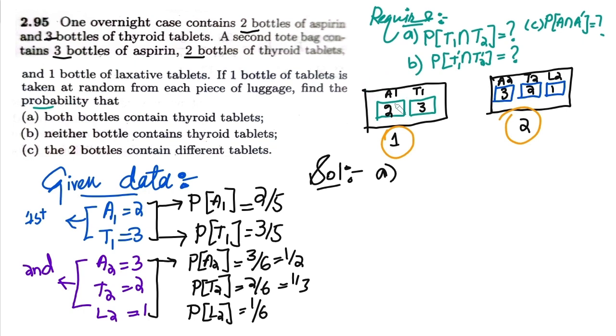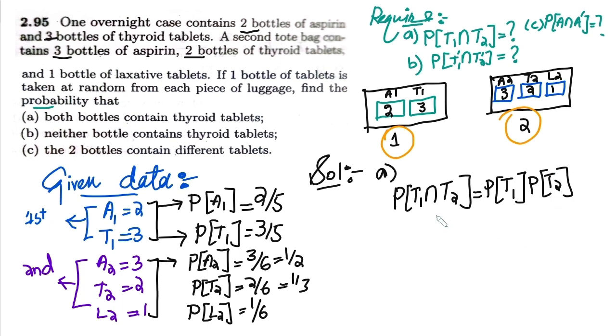If one bottle has been selected from 1 and the second from 2, these two are completely independent of each other because these are separated out. So therefore the probability of T1 and T2 is a case of independent probabilities, where this would be the probability of T1 multiplied by the probability of T2, which is the required formulation for the independence of events.